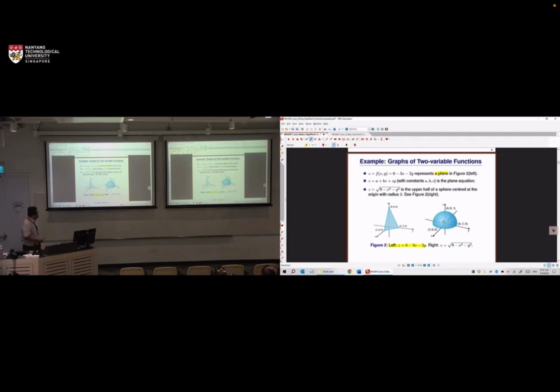This is the defining expression. We always test out easy values when we try to plot. So you sub in x equal to 0, y equal to 0. So it's 0, 0, 6. You plot the coordinate 0, 0, 6, let's say on the z-axis.